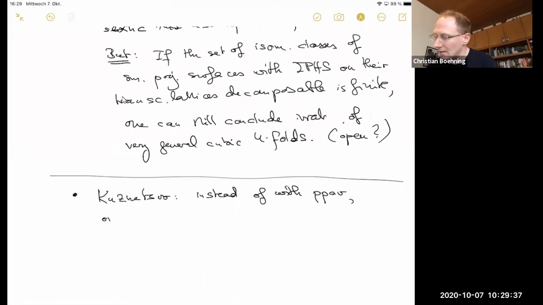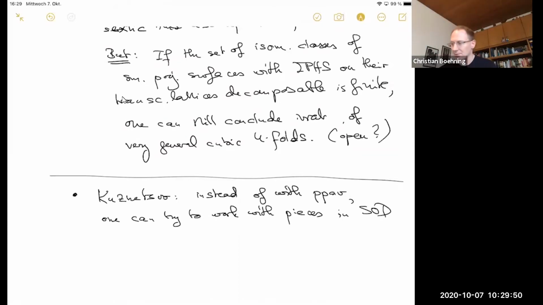So one can try to work with pieces in semi-orthogonal decompositions in derived categories of varieties.